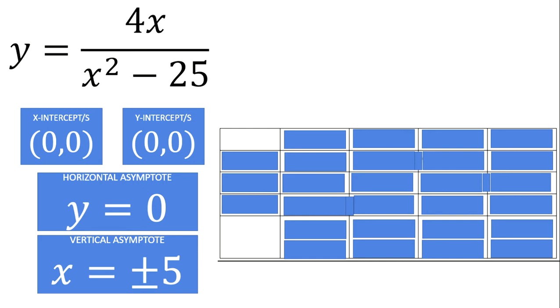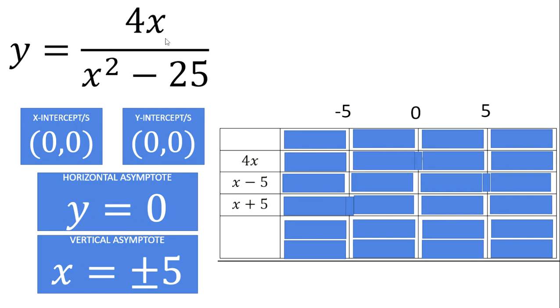And then for the sign table here, we use again the critical values. In this case, we have three critical values, which are negative 5, 0, and 5. If you look at the numerator, x equals 0. And for x squared minus 25, the values of x here are negative 5 and 5.